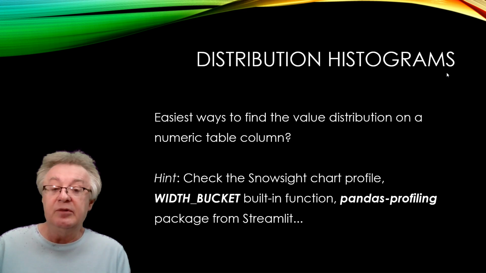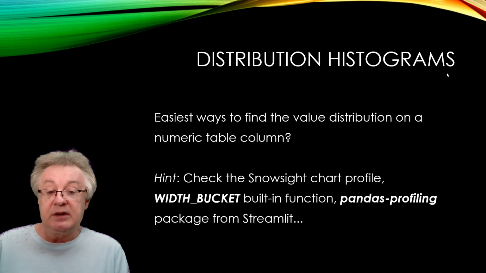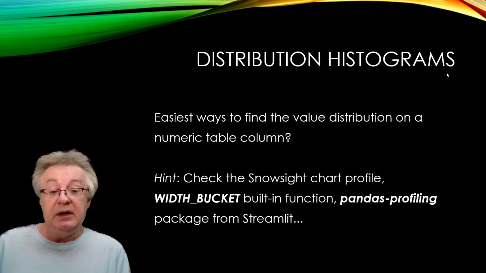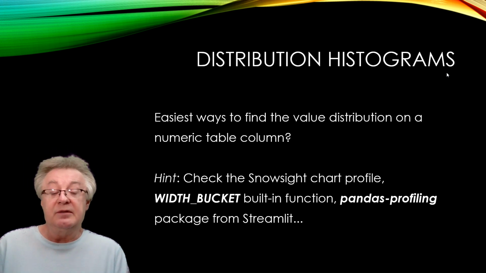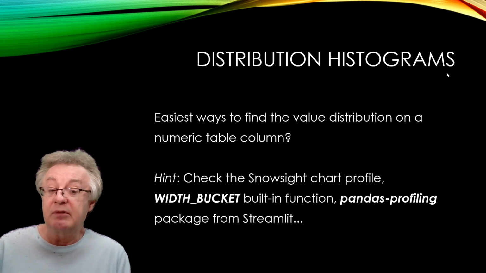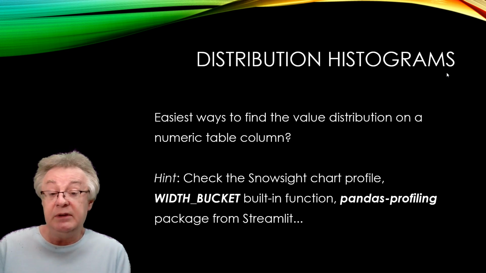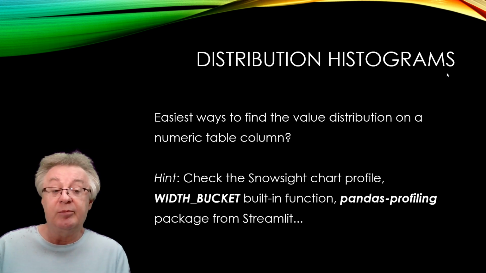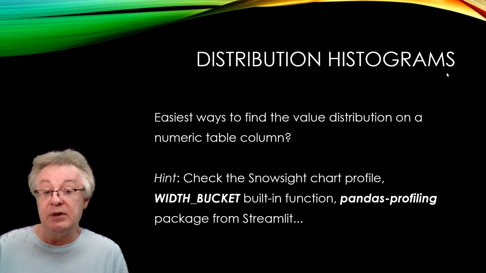Absolutely, they also provide a built-in function, width_bucket, that can be used to generate such a histogram. And because they have the ability to create Streamlit apps right now in Snowflake, you have an interesting package for data science called Pandas profiling that you can eventually use.